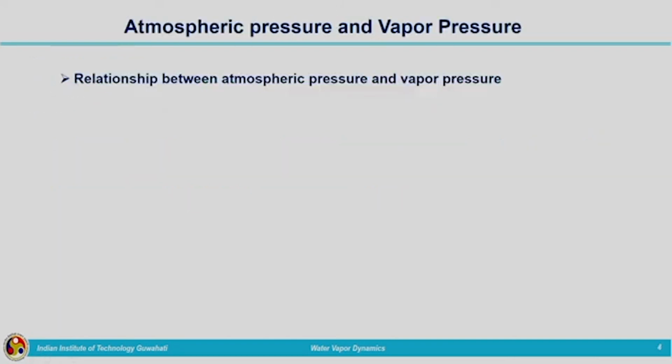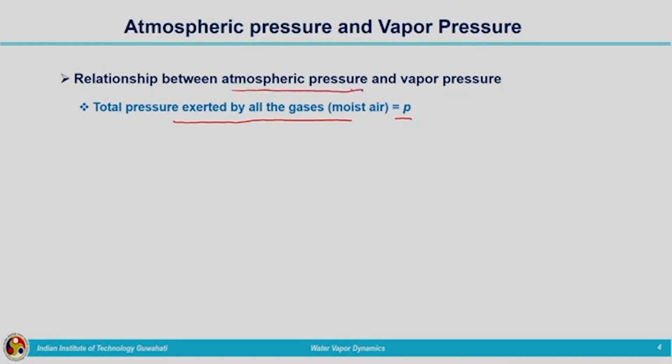Now we will see the relationship between atmospheric pressure and vapor pressure. That is the total pressure exerted by all the gases which are present in the atmosphere. That is represented by P, that is our atmospheric pressure. The air which is present in the atmosphere consists of so many gases along with the moisture.